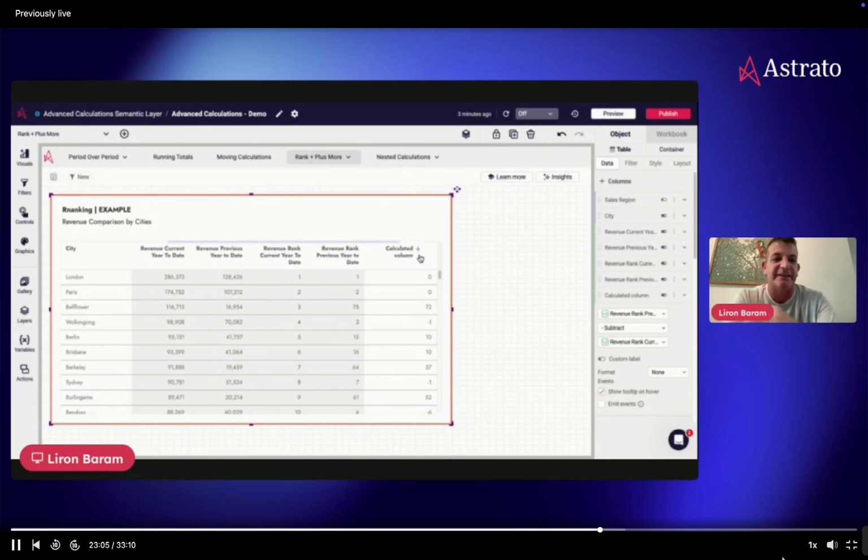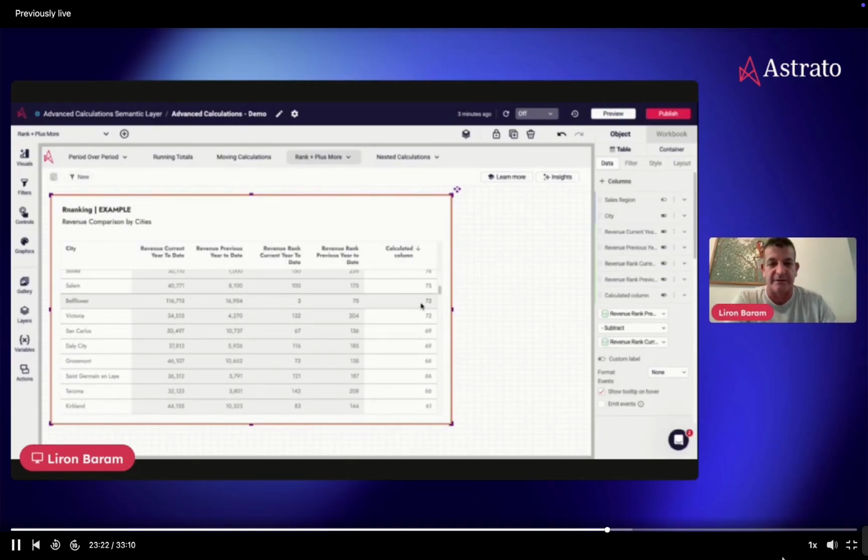If we want to sort by this column, we can easily identify the high risers. So West Covina was ranked 227 last year, and now they are ranked 49, etc. We can see, as we said, 72 places for Bellflower.